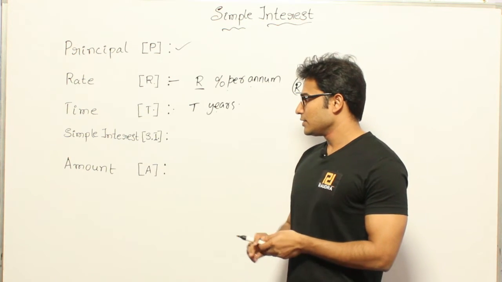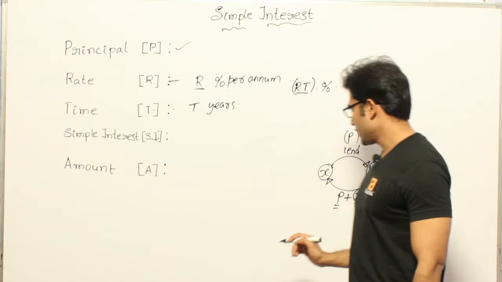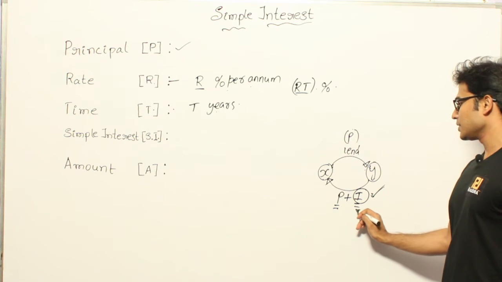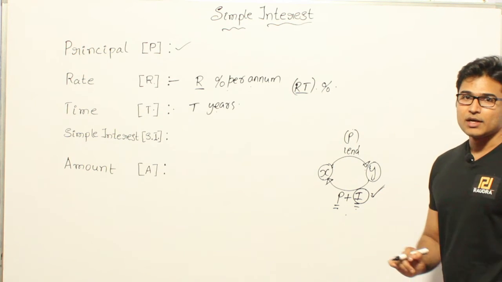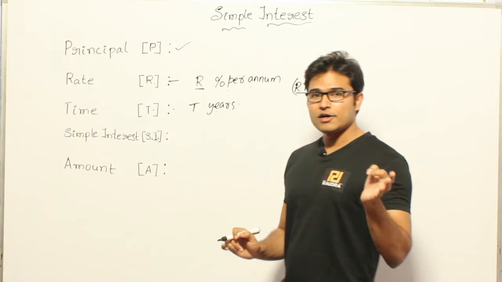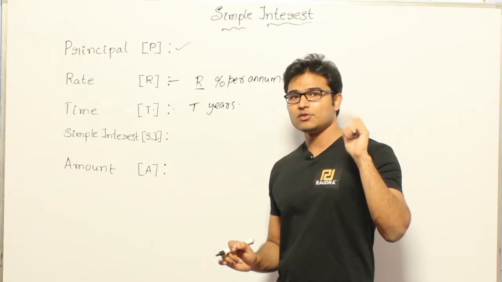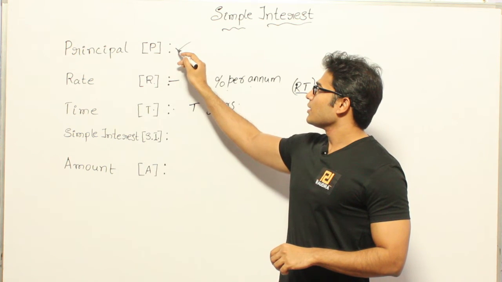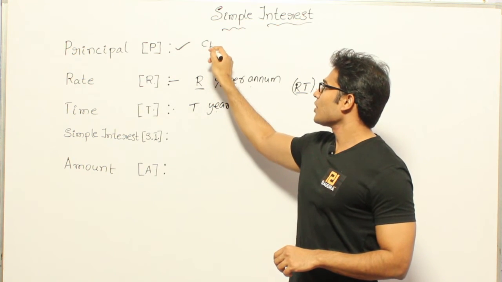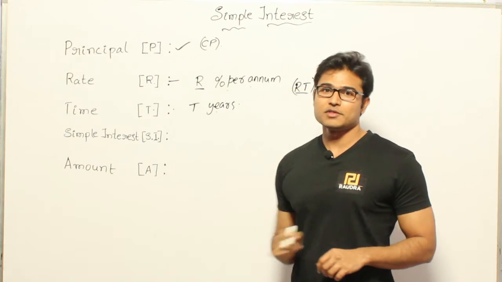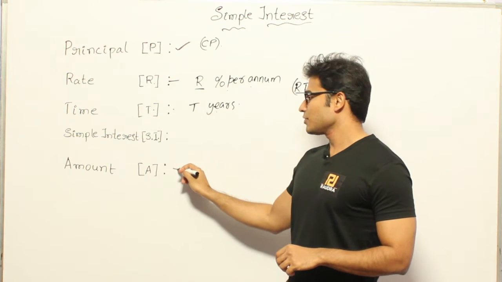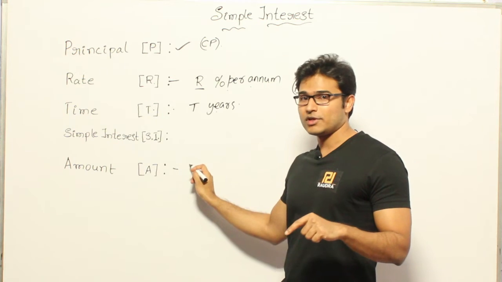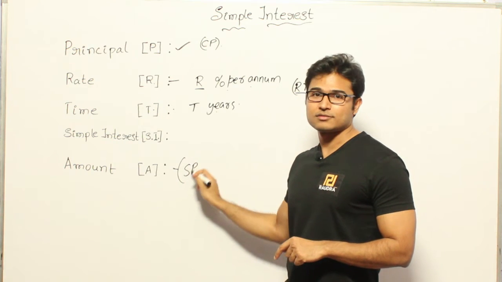And the total amount you are getting back, the principal plus the interest, is called the amount. Now if you compare these words with the words that we have used in profit and loss, you can assume that the principal amount is the cost price, your investment, and the final amount which you are getting, by making some profit, is the selling price, right?